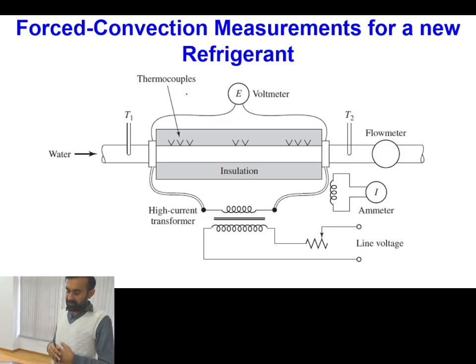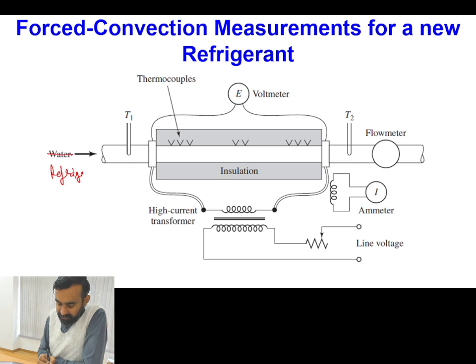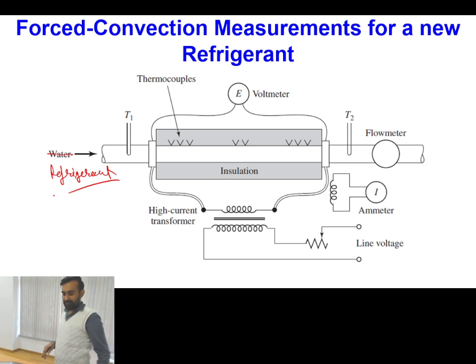This is again the simple schematic representation of the physical layout. Here you can see this is shown in terms of water, but over here our interest is to determine heat transfer coefficient for the refrigerant.